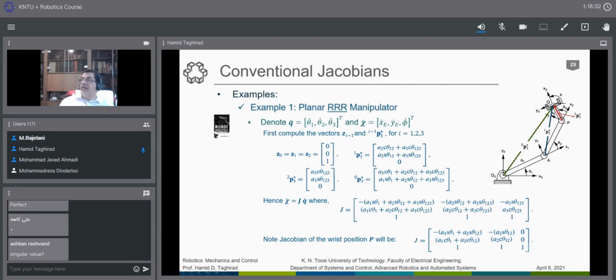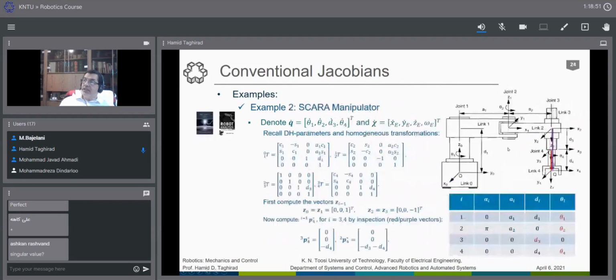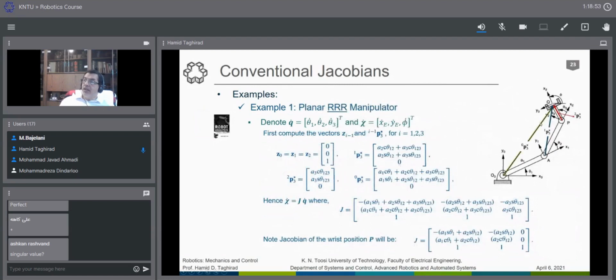As you see, it has a length of A3, but A3 in the x3 direction. You see, A3 in the x3 direction. And the x3 direction can be represented in the zeroth frame by the theta 1 plus theta 2 plus theta 3 rotation matrix, as we had before. So it is very easy to find that this would be A3 cosine of that.